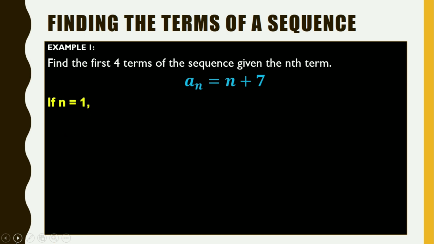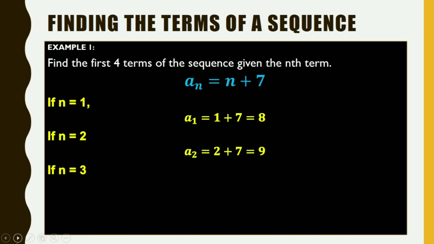So if n is equal to 1, therefore a sub 1 is equal to 1 plus 7 is equal to 8. If n is equal to 2, a sub 2 is equal to 2 plus 7 is equal to 9. If n is equal to 3, therefore a sub 3 is equal to 3 plus 7 is equal to 10.